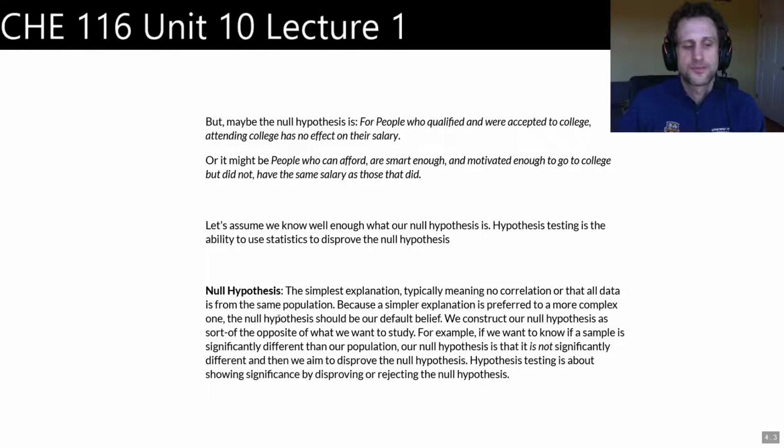I think it's just usually an assumption that the simplest explanation that fits the data is the one we adopt. So that's why we always should have a null hypothesis in consideration. And then our goal will be to disprove it and reject the simple belief, because perhaps college does have an effect on salary. So the simplest explanation doesn't explain everything. So we want to look at rejecting the null hypothesis.